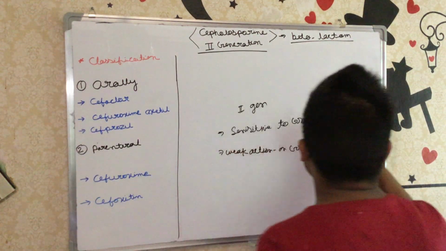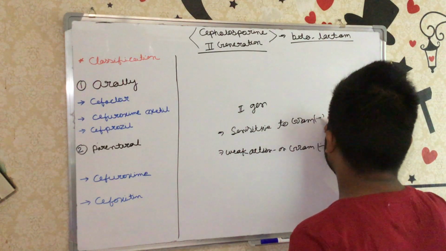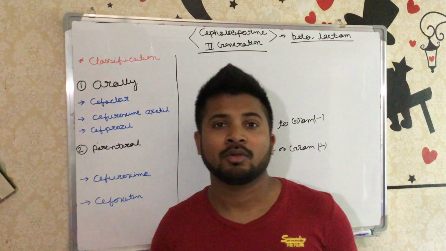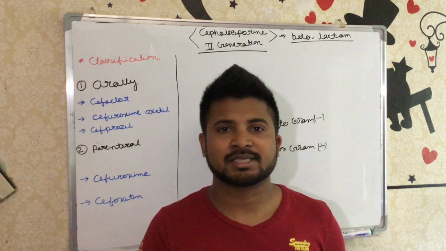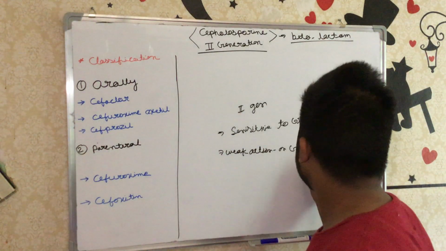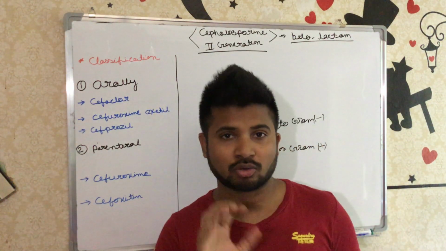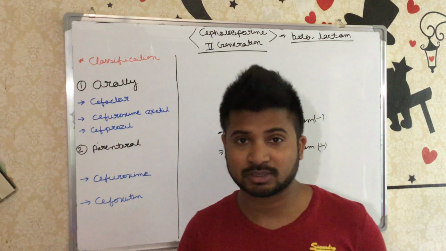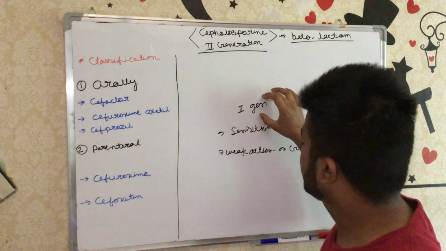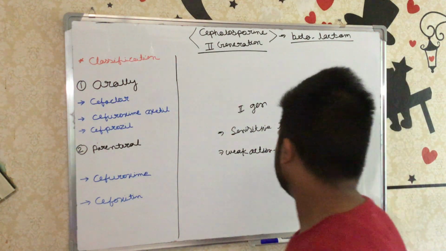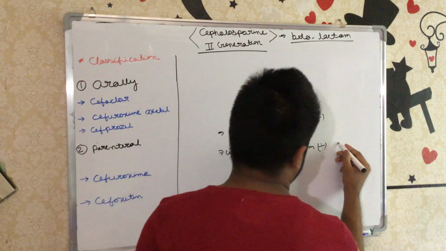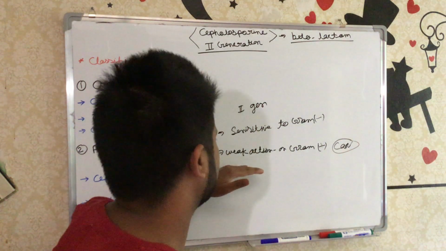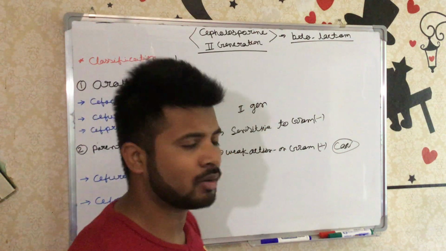It is sensitive to gram-negative bacteria and has very weak action on gram-positive bacteria. The gram-positive bacteria such as cocci are very sensitive to first generation cephalosporins. But with the second generation, cocci such as streptococci and meningococci show very weak action, almost no action.